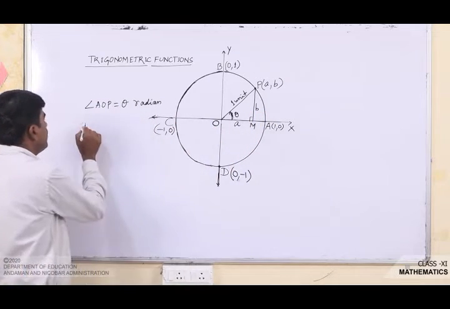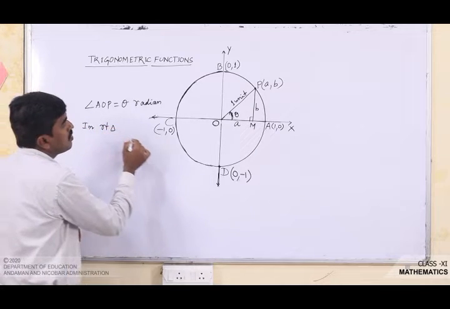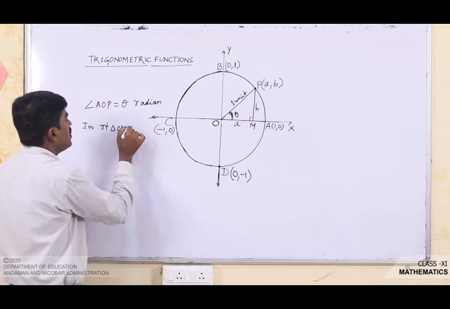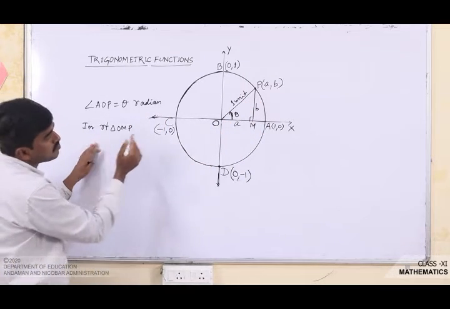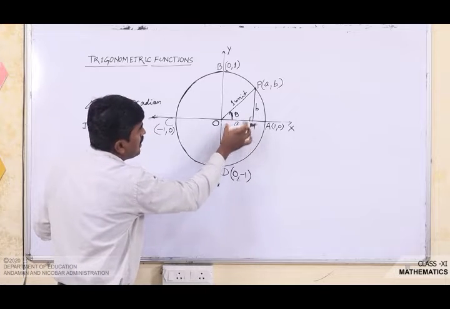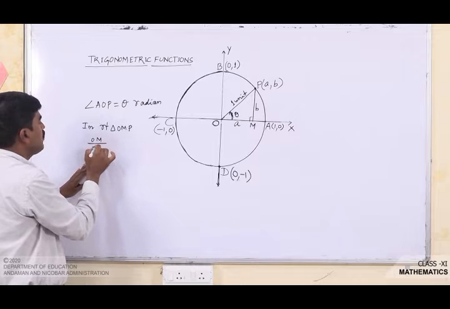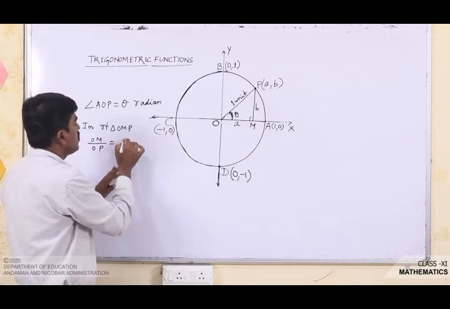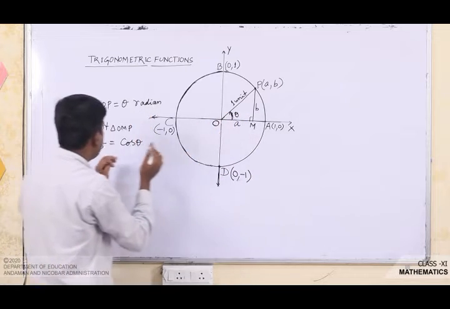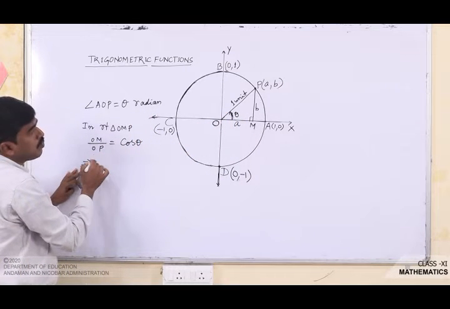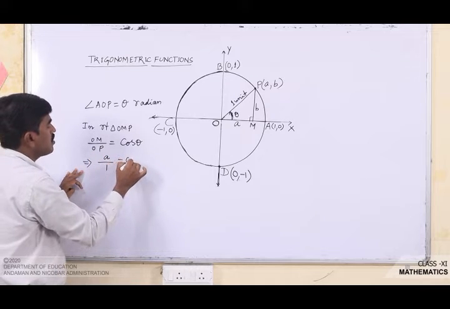Now in right triangle OMP, we know that base by hypotenuse, that is OM upon OP, is equal to cos theta. Here theta is an acute angle, so OM is a and OP is 1 unit, so it is cos theta.